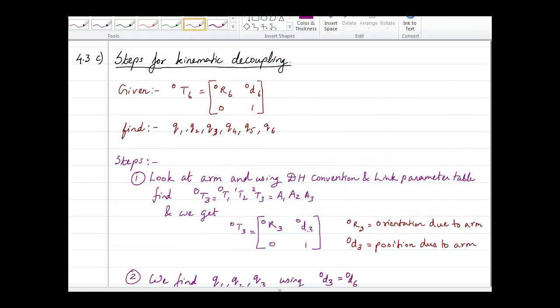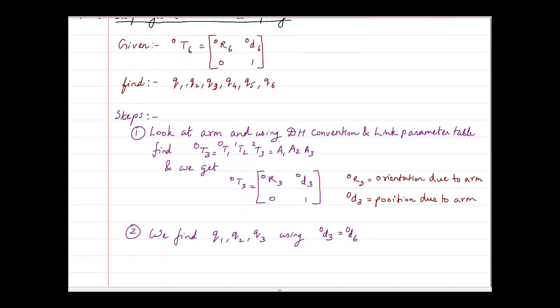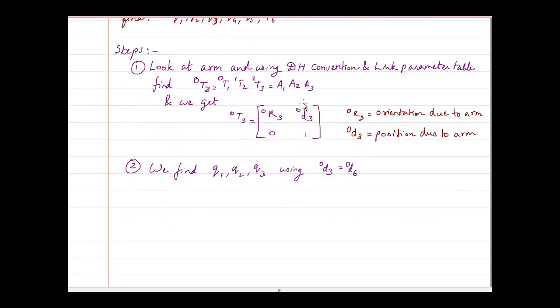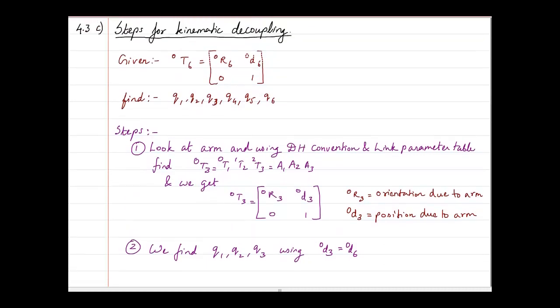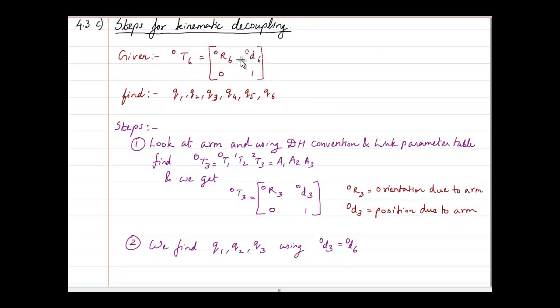So what are we trying to equate? We are trying to equate the value that we have been given with the equation that is here, and with that we will get three equations because there are three values. With those three equations we will be able to get three unknowns. So it's a very simple thing. Here 0D6 is the value, 0D3 is the equation.